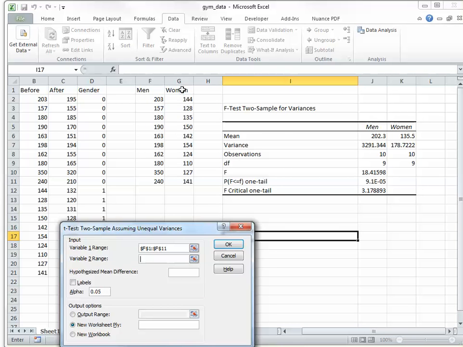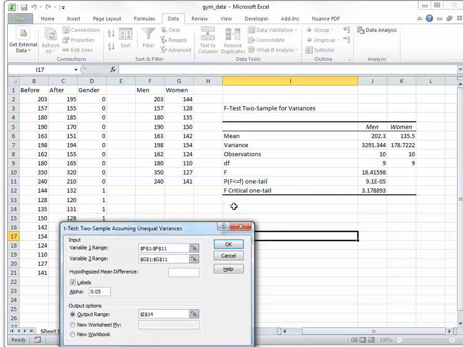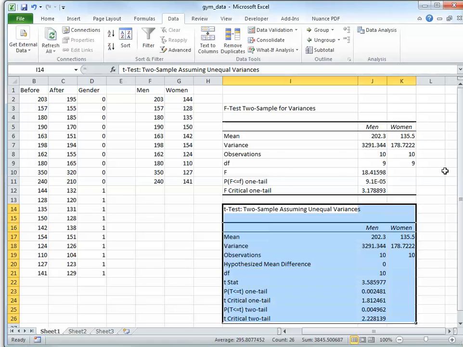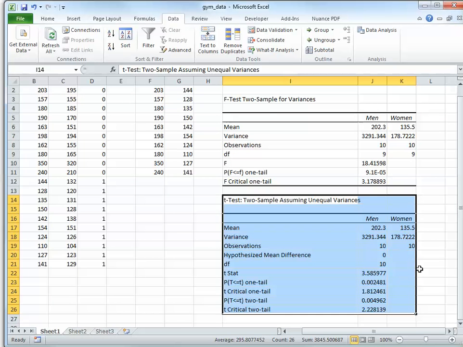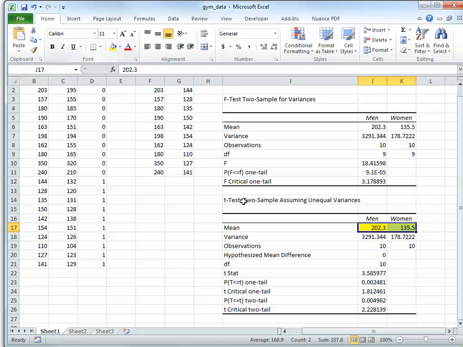It doesn't matter whether we put the men or the women first in this test like it does with the F-test. We do have labels. And I want my output to be here. So you notice the means are the same as before. That really hasn't changed.